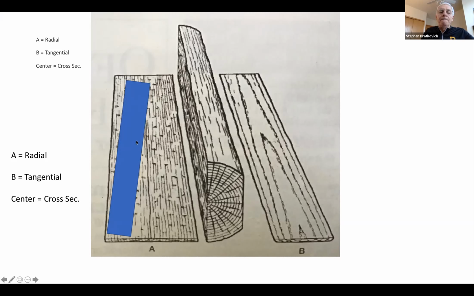So the research team called this a slope of grain. If we have a billet that's not straight, there's a slope in the grain.